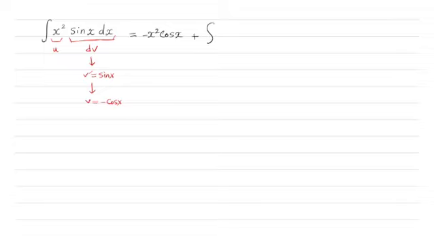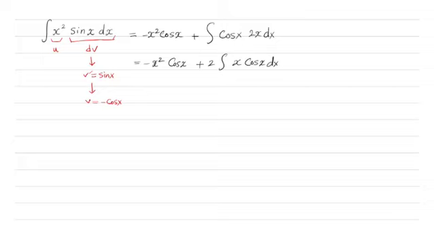I'm going to change this minus to plus, minus cosine, du. The derivative of x squared is 2x dx. So we get minus x squared cosine of x plus 2 times the integral of x cosine of x dx.